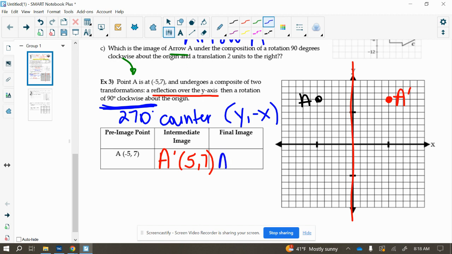So we take our intermediate image, we flip the order, it's now 7, 5, and we're going to change the sign, the 5 now becomes negative. So when we go 90 degrees clockwise, we should end up at 7, -5 for our double prime. And that makes sense because clockwise would put us down that way. That image makes sense.